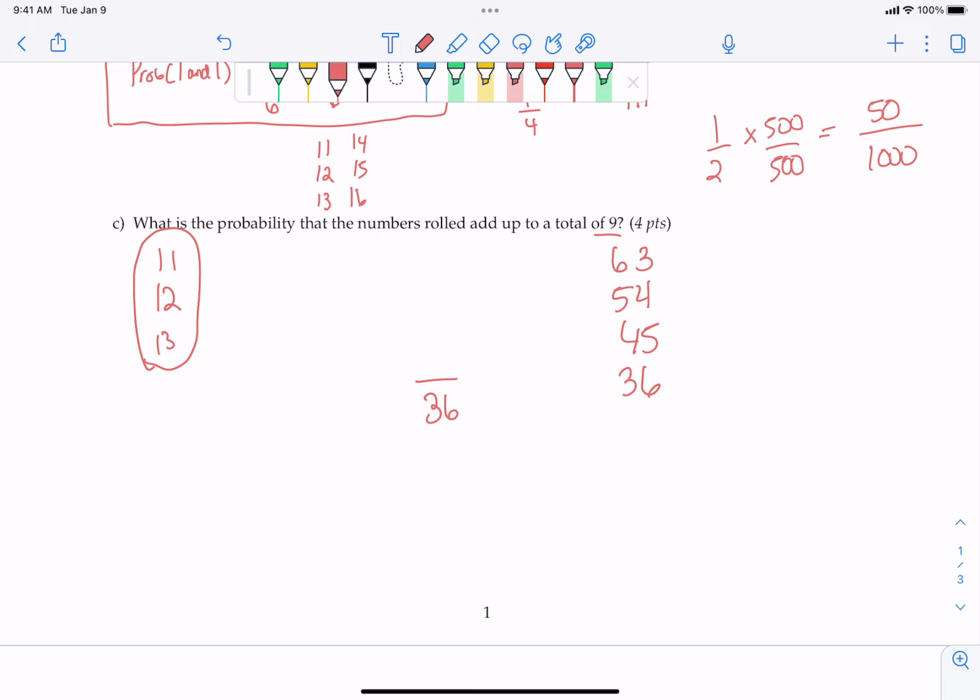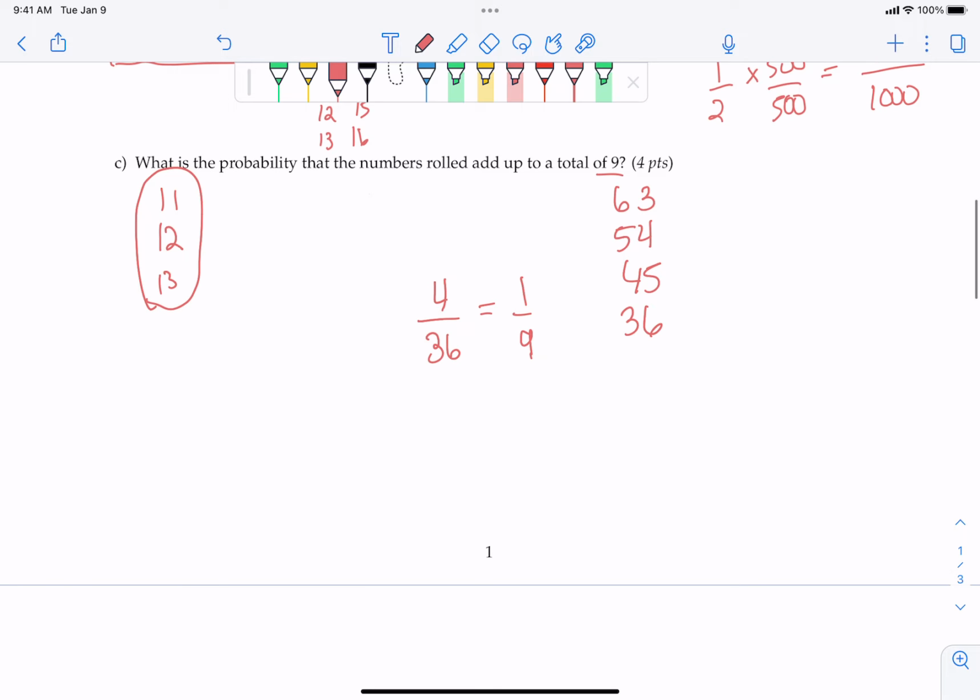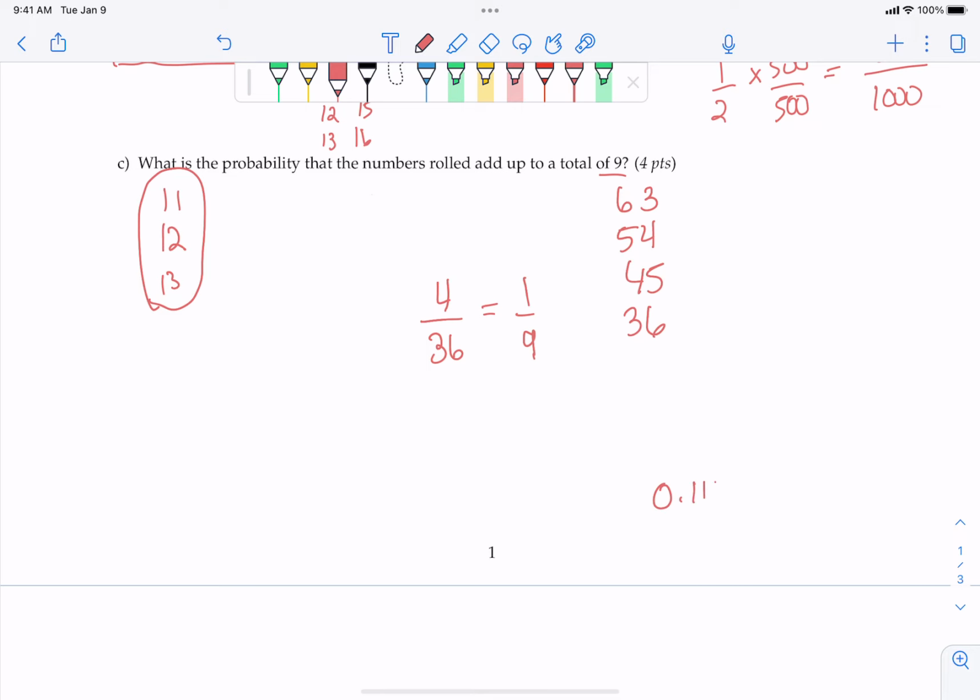So that's 4 favorable outcomes out of 36 total outcomes, which simplifies to 1 out of 9. You can either keep it as a fraction or write it as 0.11111 repeating.